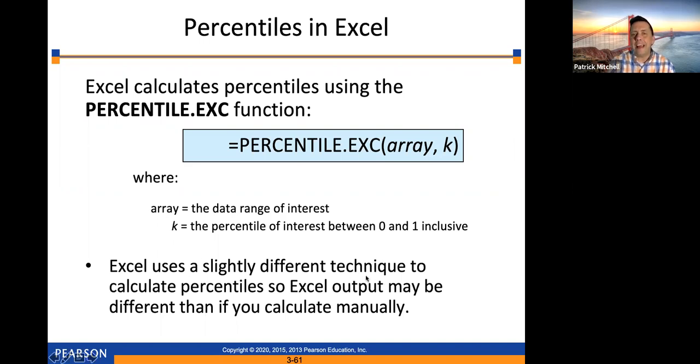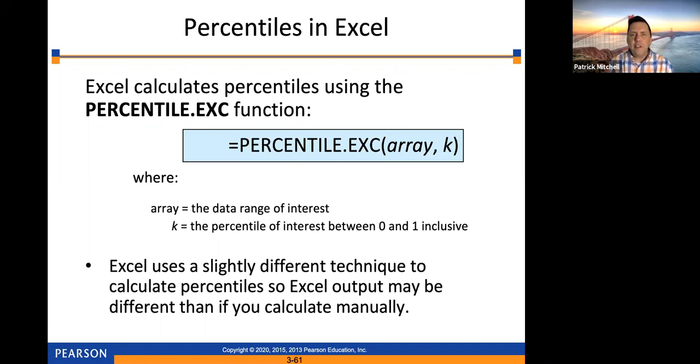Excel uses a slightly different technique to calculate percentiles. So Excel output may be different than if you calculate manually. And I'm going to guess that if you're doing online homework, they're probably going to be looking for the answer that would be found if you did it manually.